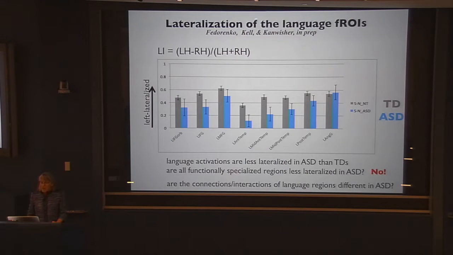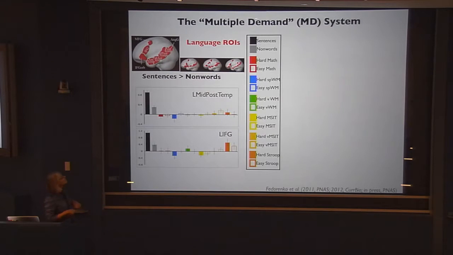Okay, now, here's this language network that I've been talking about, this set of regions that respond selectively to language. I mentioned before that these astonishingly nothing responses to all of these other tasks don't result from a total absence of response to those tasks.